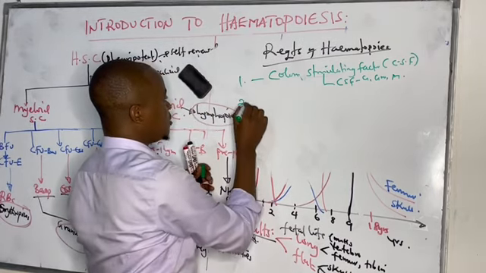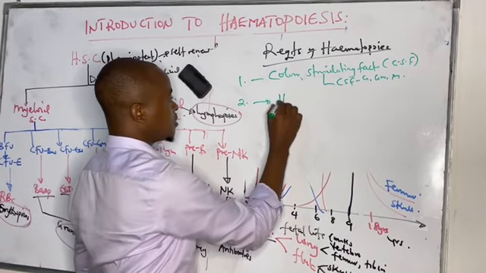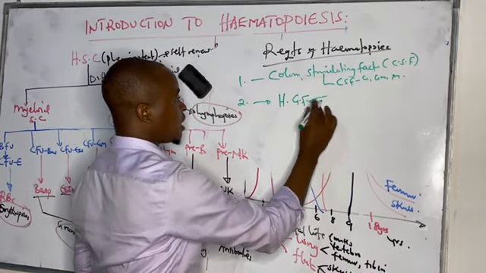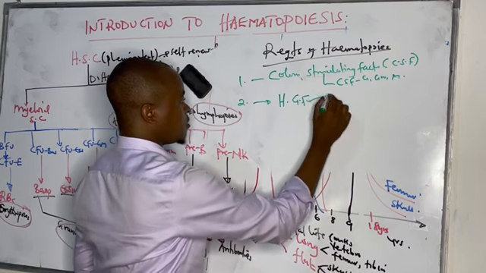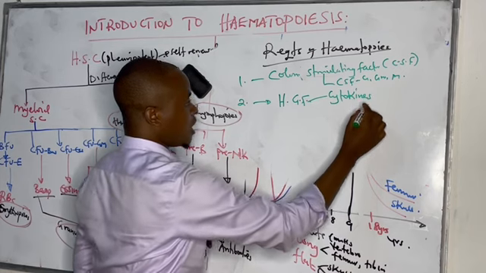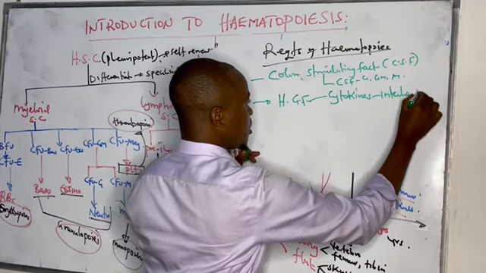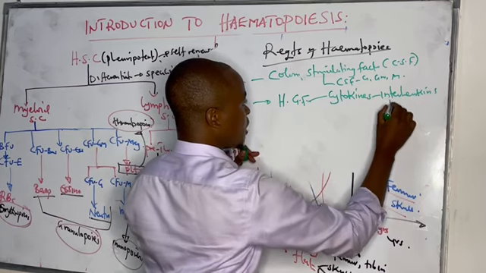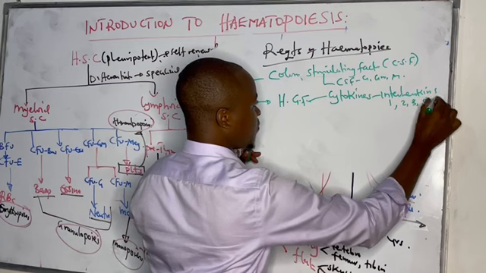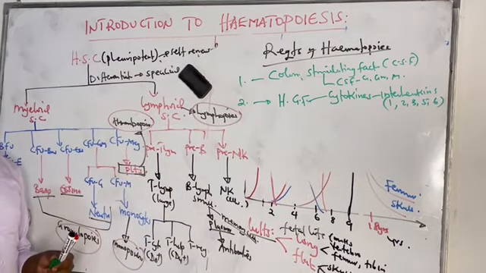Number 2, we need growth factors, hematopoietic growth factors, where we have cytokines. In these cytokines we majorly see production of interleukins, whereby we shall look at interleukins type 1, 2, 3, 5, 6, playing a big role in hematopoiesis.